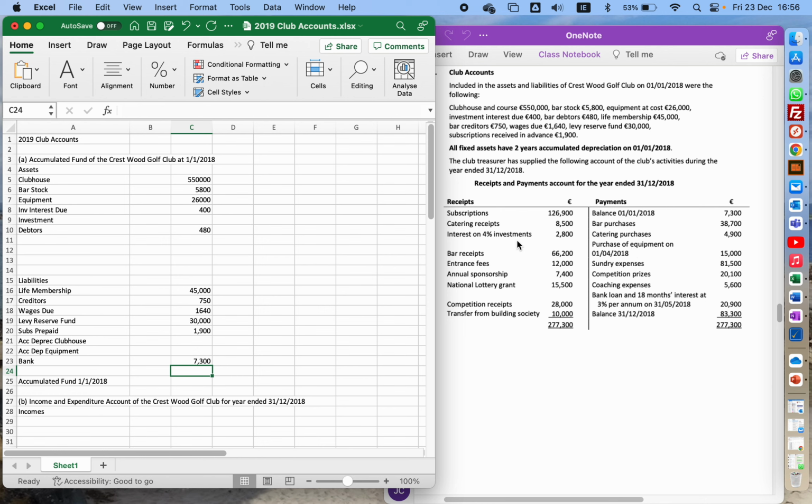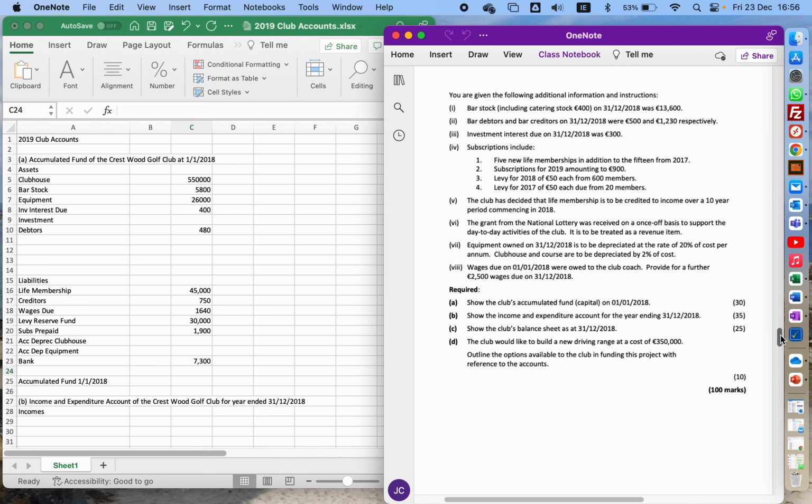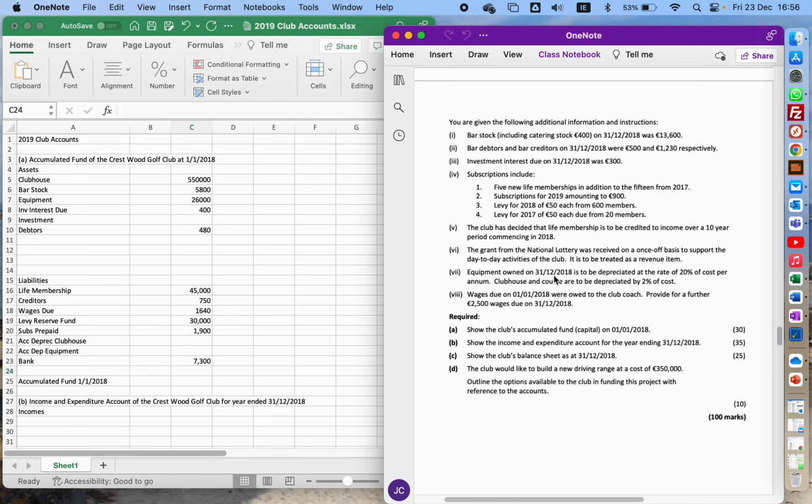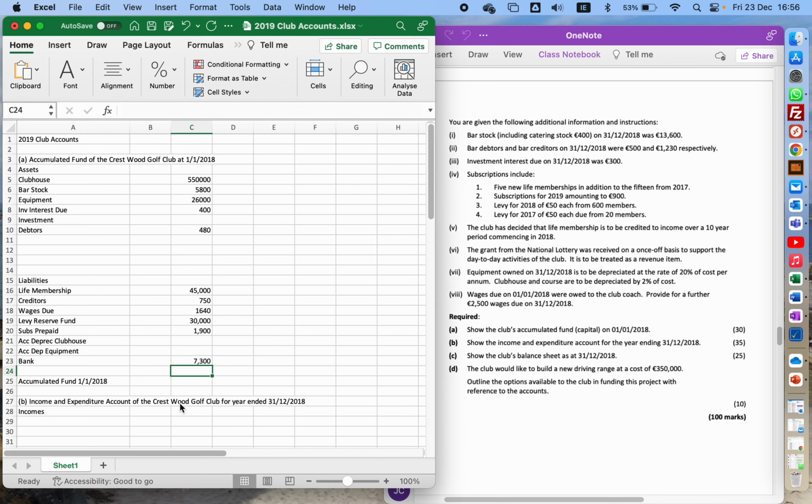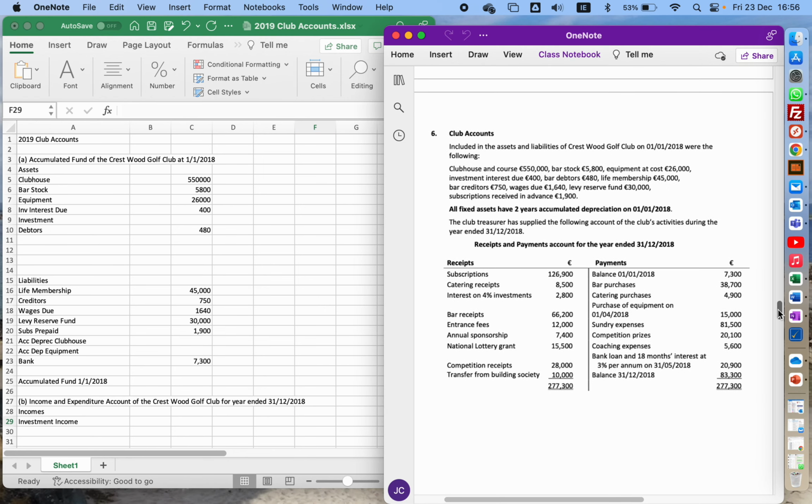Now the interest on investments, I'm just quickly checking, is there interest on the investments down the end? Investment interest, so there's interest due at the end. So I need to work out the real figure for investment income. So I'm trying to work out the figure for the year so that I can work out what the actual investment is, because I know the percentage interest that we should have received.